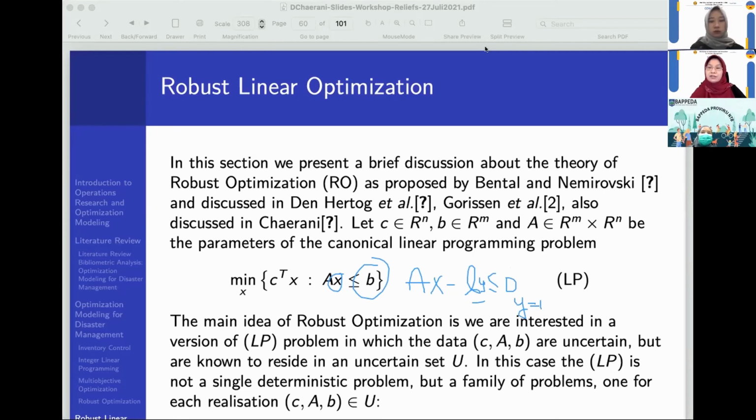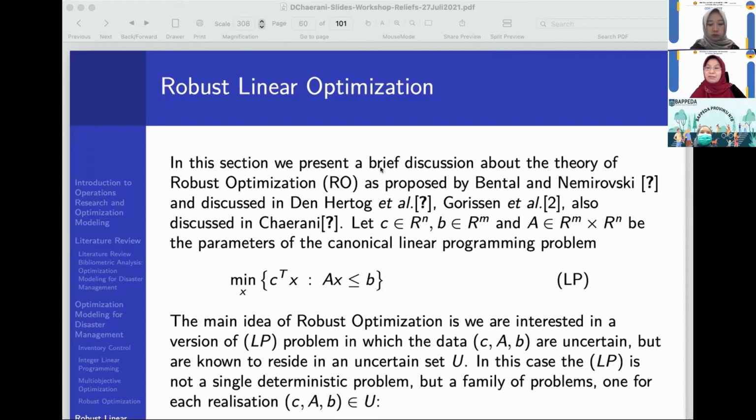Artinya secara bahasa sederhananya kita selalu berkeinginan menghilangkan ketidaktentuan itu. Tadi ada pertanyaan dari Ibu Suryani.